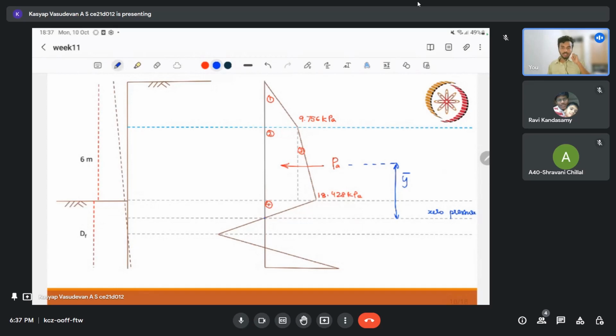I'll find each of the forces, and check the moment about the zero pressure point, and at that point I can find the position of our total load. It's that simple. So let us just continue solving.